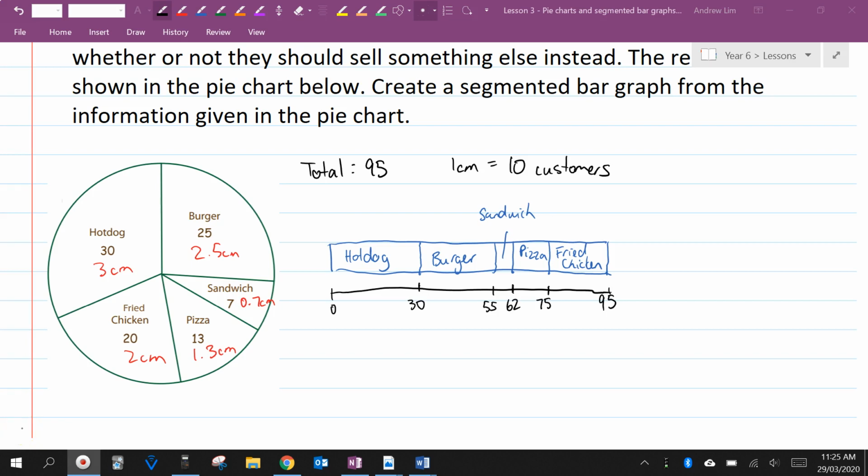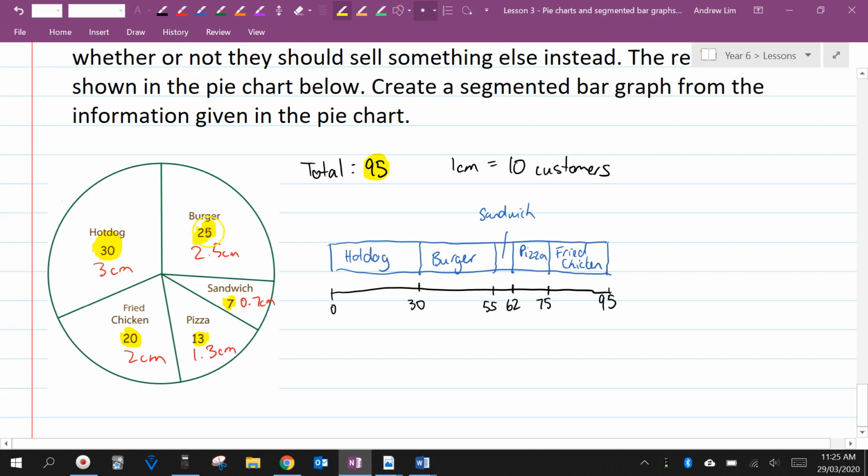Okay, so here's my answers. I added all of these numbers, 30, 25, 7, 13, and 20, and got a total of 95. And so I thought, maybe I'll just make 1 centimeter equal to 10 customers. So I'm just going to divide each of these numbers, or customers, by 10. 30 divided by 10 is 3, so I'm going to make that 3 centimeters long.